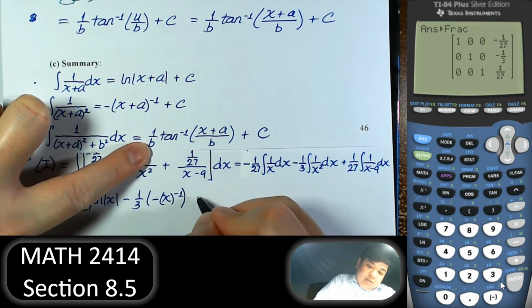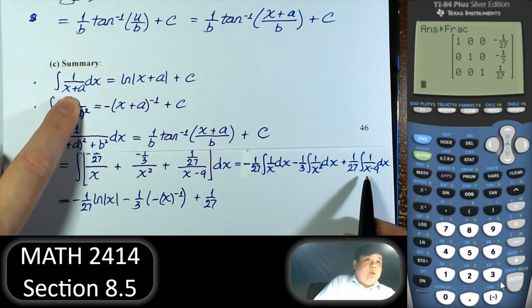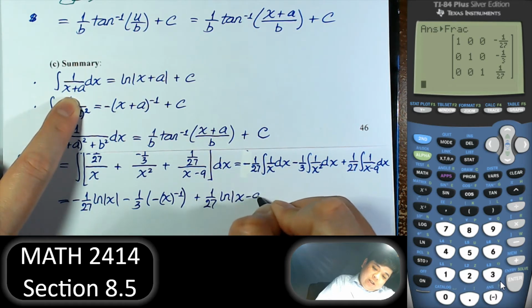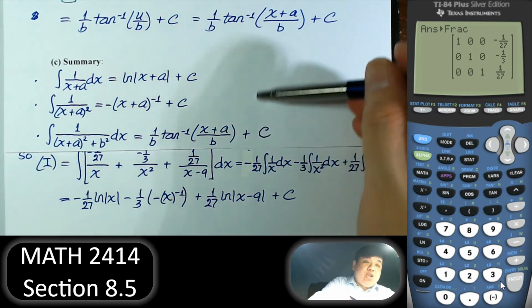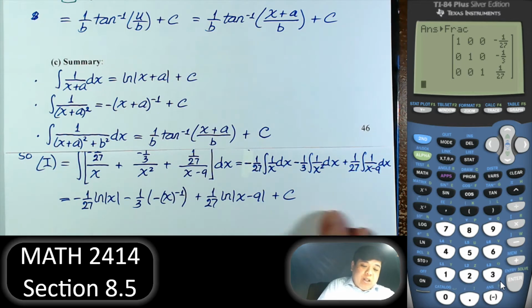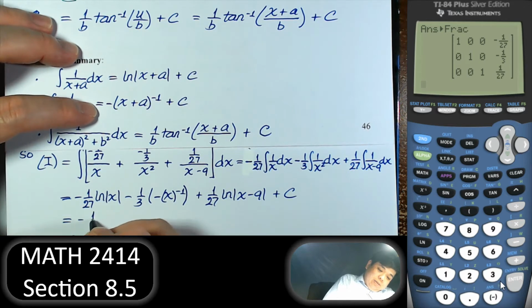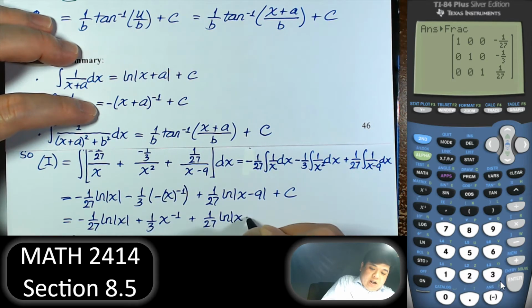And then plus 1 over 27, that, in this case, where a equals negative 9. So whenever you do the homework in this section, make sure you have this with you so we don't have to worry about all that. Negative 1/3 x to the negative 1, and then 1 over 27 ln of x minus 9.